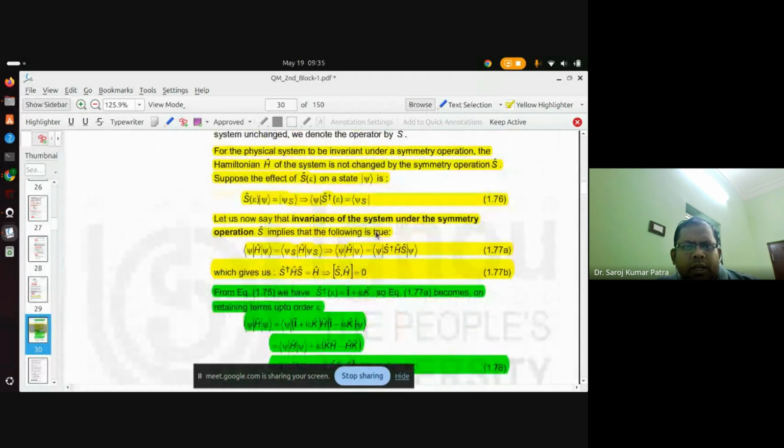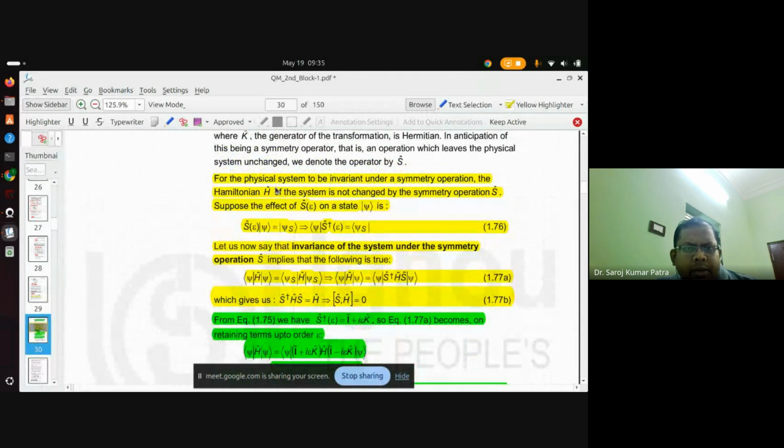Let us discuss a little bit about how exactly it is coming. S operating on psi will give rise to psi S. Here we are combining both translation and rotation. This is just a symmetry operation, so that's why it is S. Any translation is a symmetry operation and rotation is also a symmetry operation.